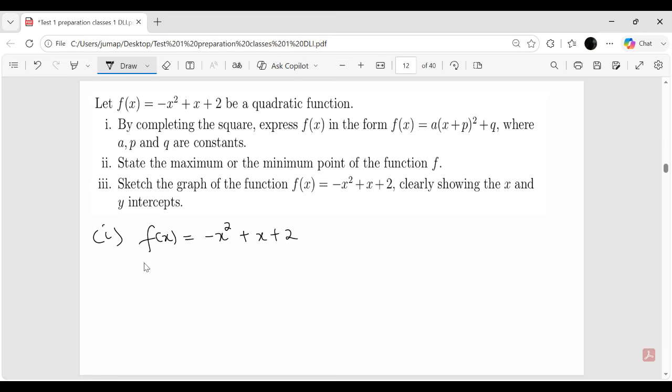So you're going to write f of x equals, you factor out the negative 1, then negative 1 into x squared, you're going to have x squared. Then negative 1 into positive x is going to be minus x. Negative 1 into positive 2 is going to be minus 2. Are we together? Yes. Okay.